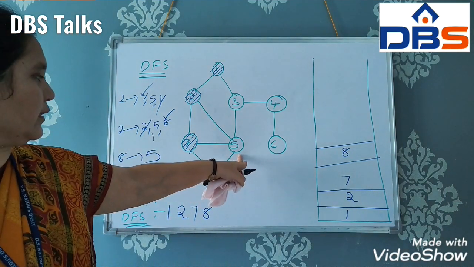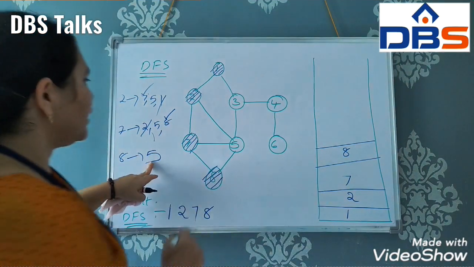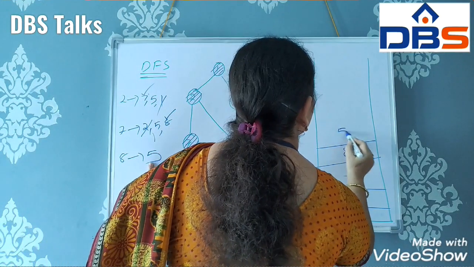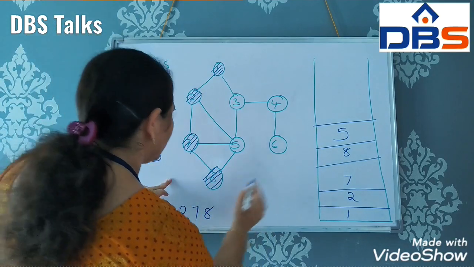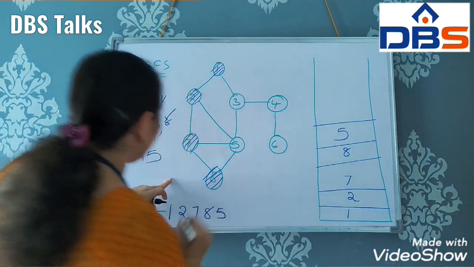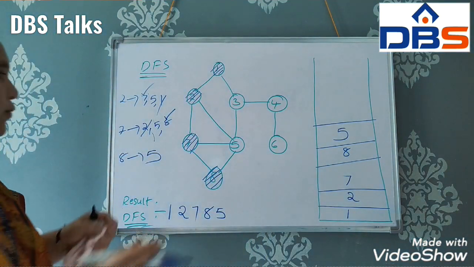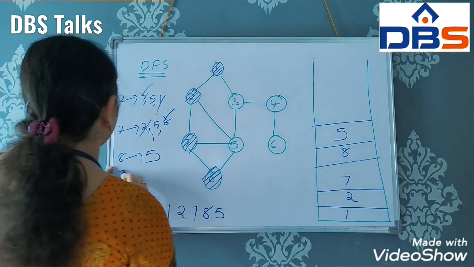So we push 5 on top of the stack. Again we print it here. Then we will go for 5.